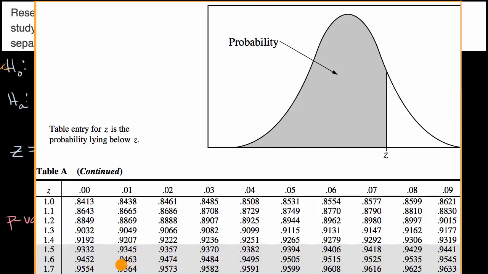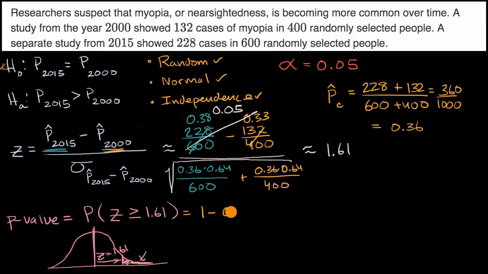So it would be 1 minus 0.9463, which is equal to 0.0537. And notice, this p-value is ever so slightly higher than our significance level.